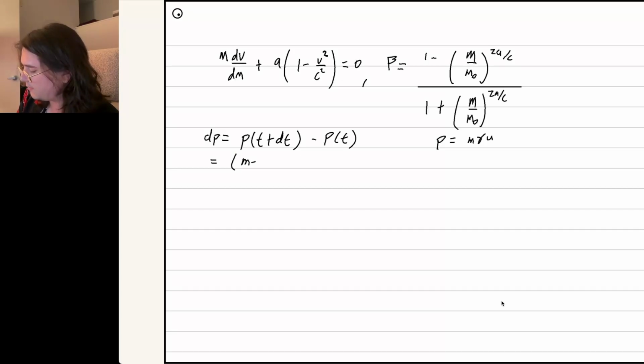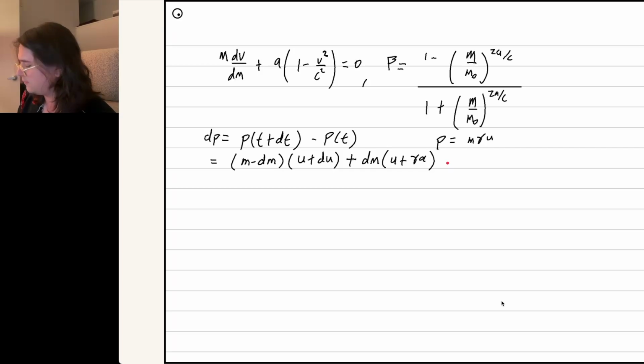(m minus dm)(u plus du), that's the momentum of the rocket afterwards, and then plus the change in mass, and then on the inside we have the speed of the rocket plus gamma times a.